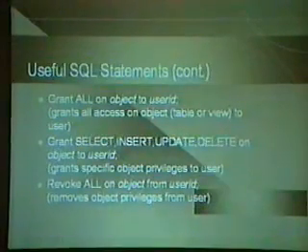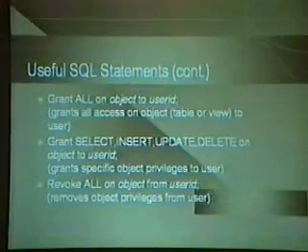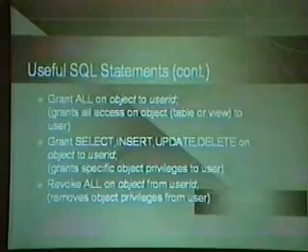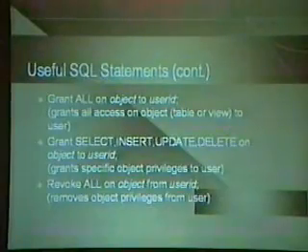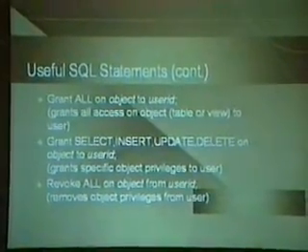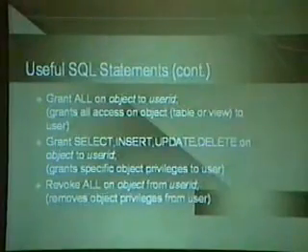If you grant all on any table to a user ID, basically it's going to give you a whole list of permissions on that table, like select, which means read, insert into the table, modify the table, delete records out of the table, and a few others like create indexes on the table and links on the table.